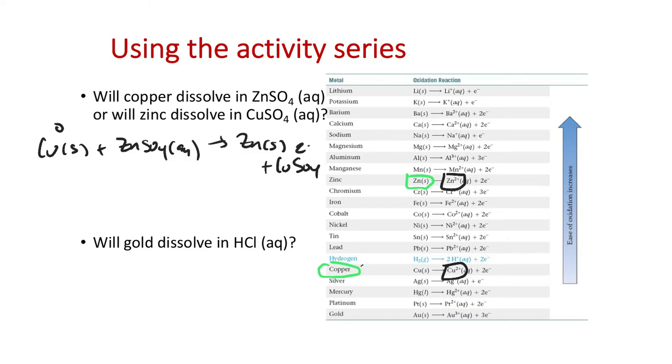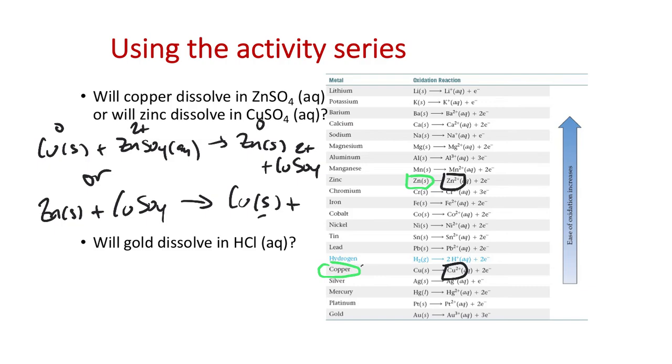So we have copper 0 going to 2+, and zinc 2+ going to zinc 0. Does this reaction take place, or does the opposite reaction take place, the zinc solid plus the copper sulfate going to copper solid plus zinc sulfate?